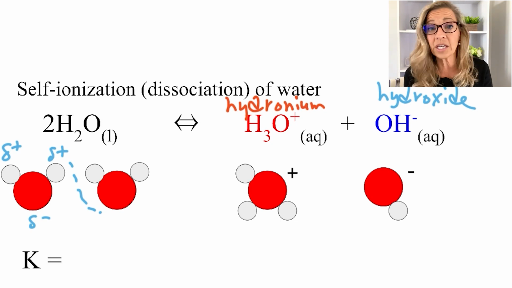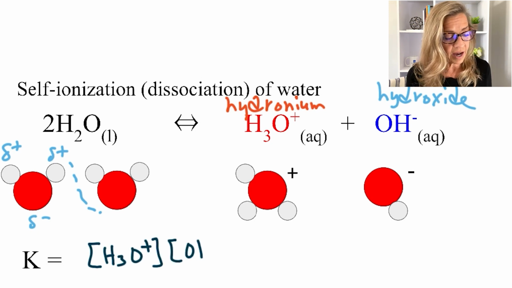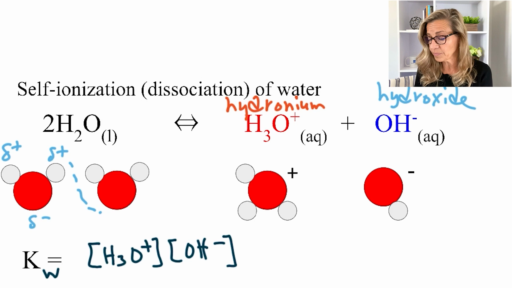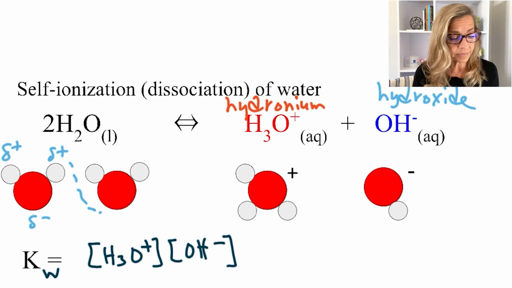This is an equilibrium, and if we were to write the equilibrium constant expression, we would have the hydronium ion concentration times the hydroxide ion concentration, and nothing on the bottom of this expression because water is a liquid here. This is what we call the Kw for water, and this is a constant. It's a known value.